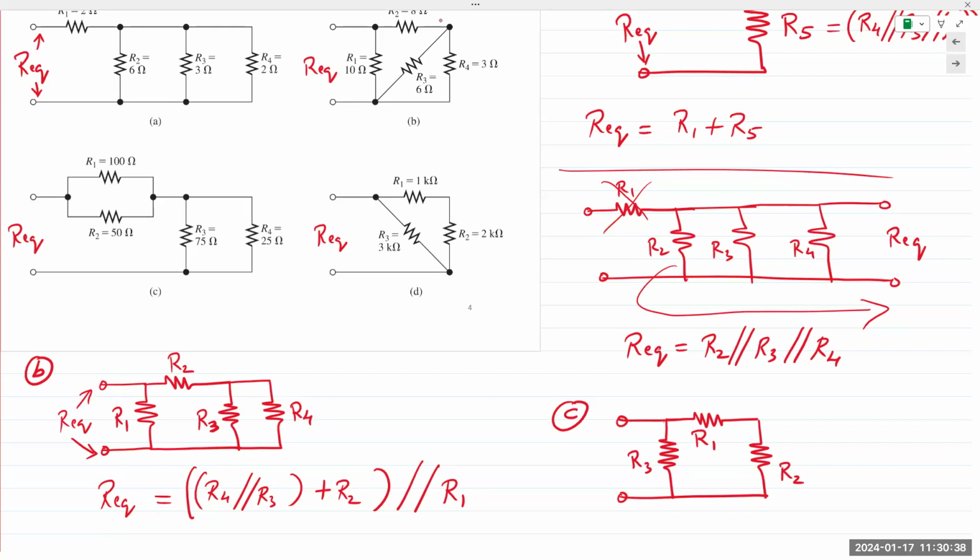And so R3 is now vertical, then I have R1 and R2 in their own place.